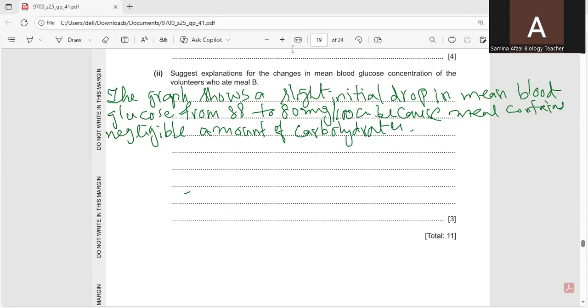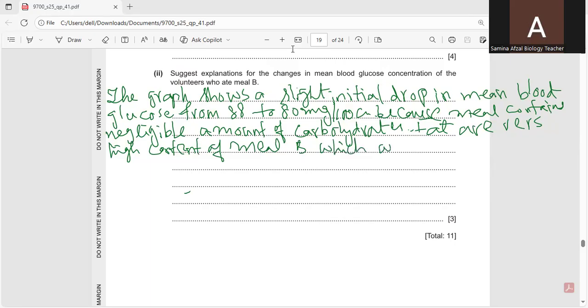So the very high fat content of meal B will also slow down the absorption of carbohydrates.